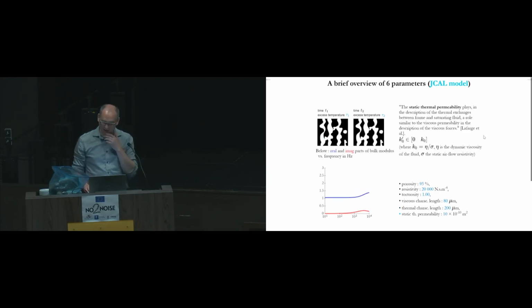And finally, the last parameter I will discuss is the static thermal permeability, which plays the equivalent role for thermal effect that the resistivity or the viscous permeability plays for visco-inertial effects.